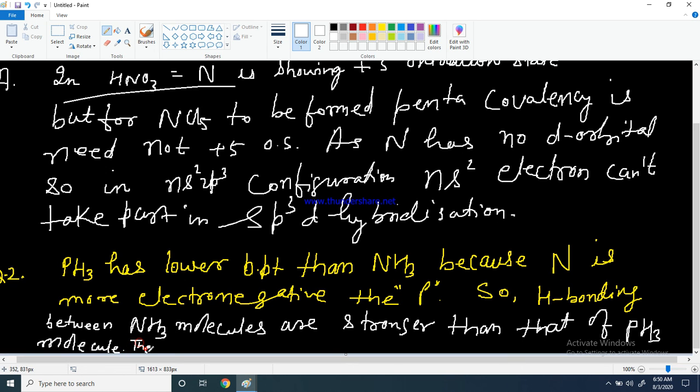Therefore, PH3 has a lower boiling point than NH3.